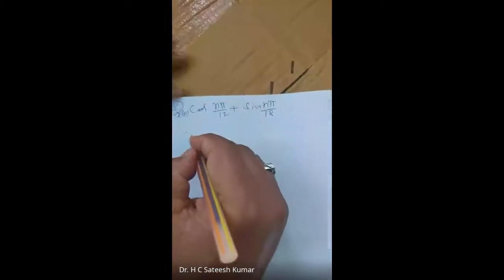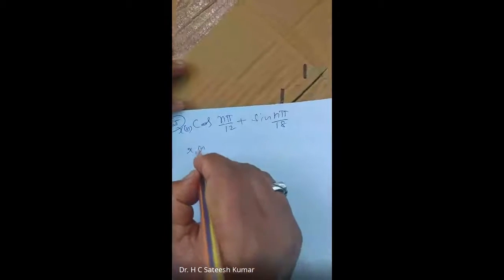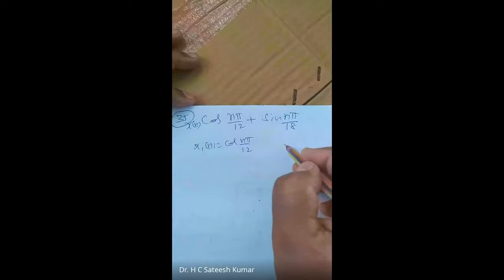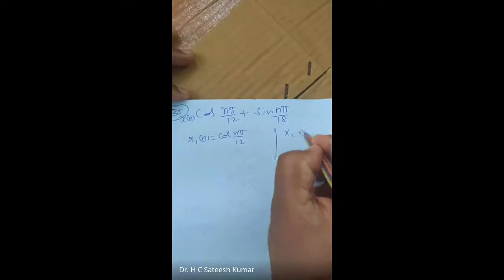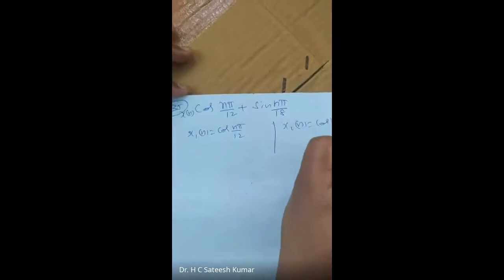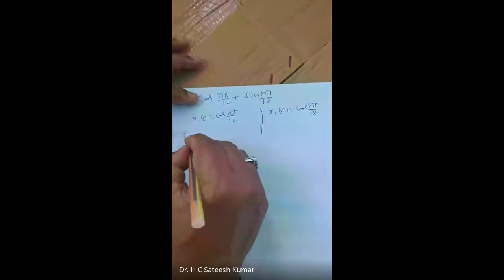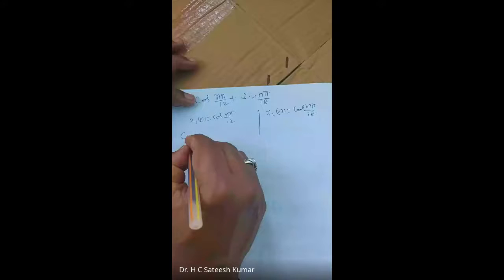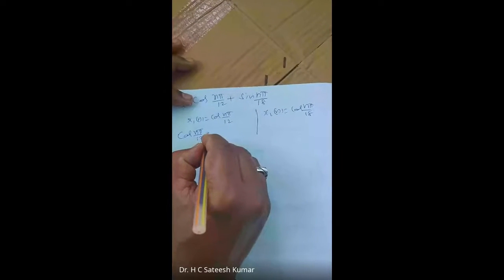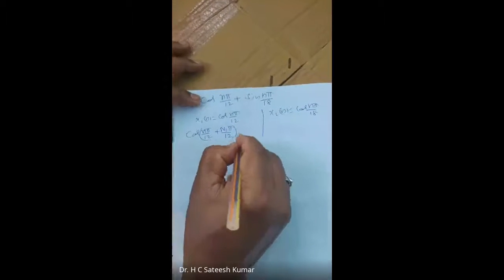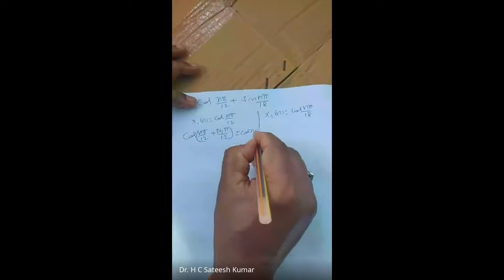Okay. So what we have is x1 of n is equal to cos of n pi by 12. x2 of n is equal to sine of n pi by 18. Okay. Cos of n pi by 12 plus N1 pi by 12 should be equal to cos of n pi by 12.